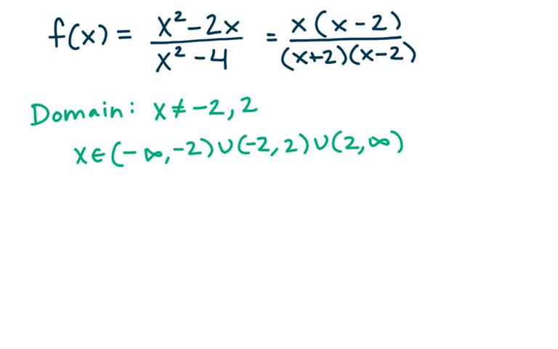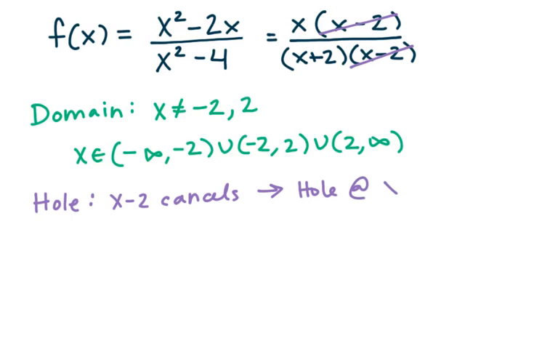So if we have a common factor in the numerator and the denominator, we can reduce those out. So because x minus 2 cancels, that means there is a hole at x equals +2.